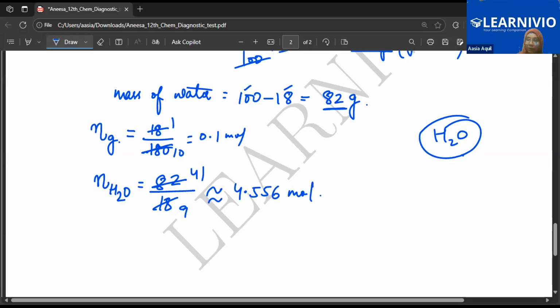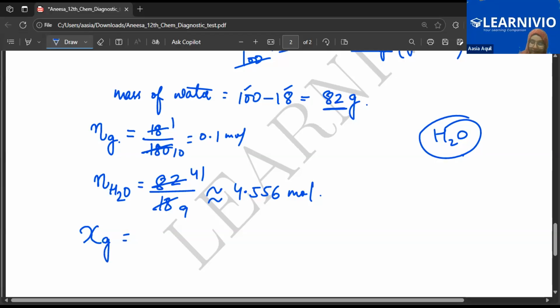Okay, so we have calculated the number of moles of glucose as well as water. Now we have a formula to calculate the mole fraction, and you should remember this formula. This is very important. The mole fraction of any molecule can be calculated using this formula. Suppose we have to calculate the mole fraction of glucose.